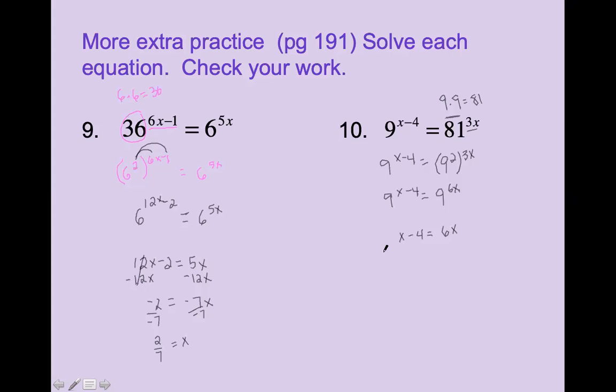I'm going to subtract x here. And I get -4 is equal to 6x minus x is 5x. Divide both sides by 5. And I get x is equal to -4/5.